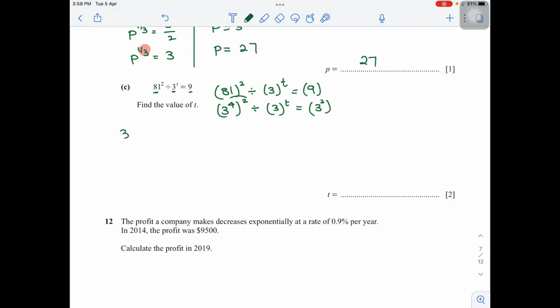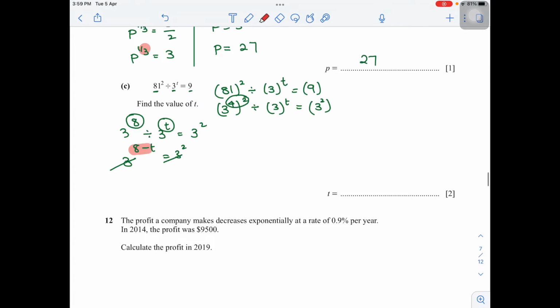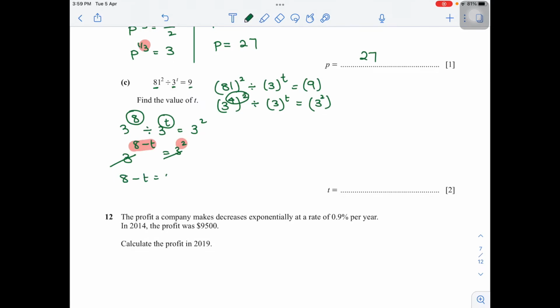Now 3 to the power 4 and square is 4 times 2, 3 to the power 8, divided by 3 to the power t, 3 squared. Division means subtract the powers. 3 to the power 8 minus t is 3 to the power 2. When the bases are same, powers are equal. 8 minus t is 2. I'm sending it. 8 minus 2 is t. So t is 6.